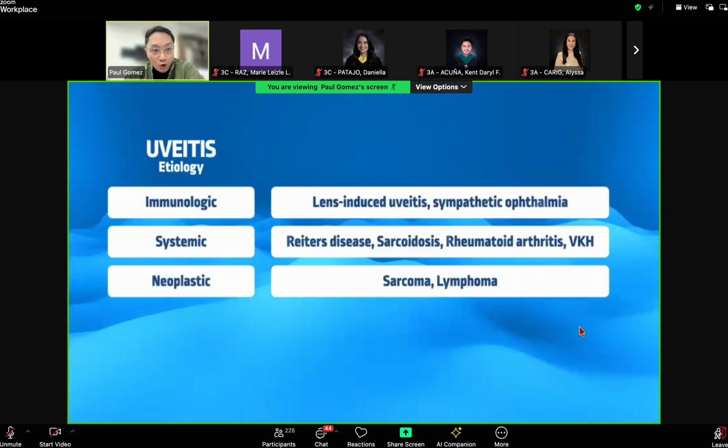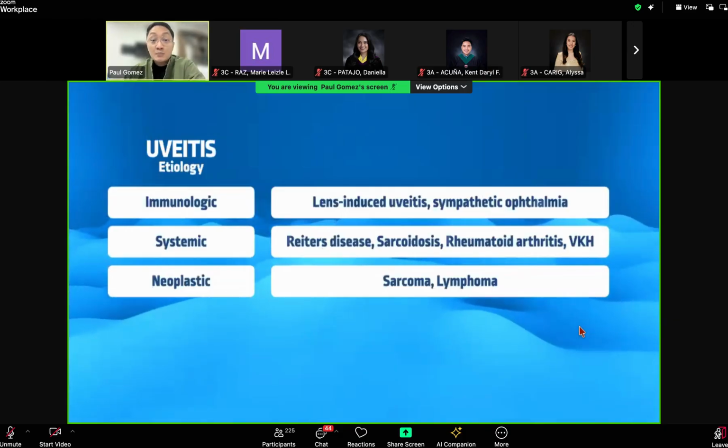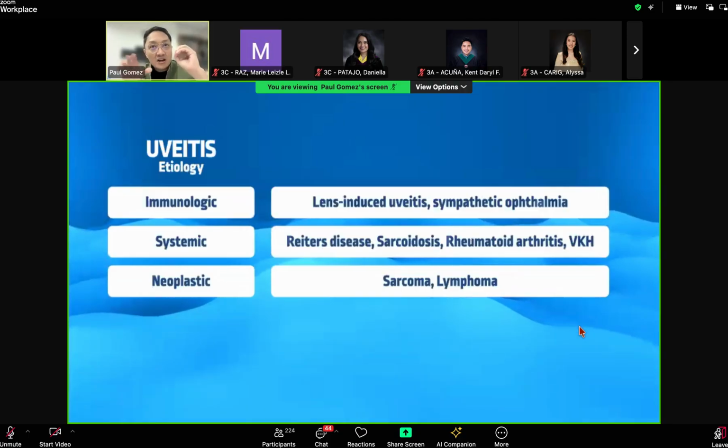An immunologic cause of uveitis may be considered if the patient has lens-induced uveitis or sympathetic ophthalmia, wherein one eye has been traumatized and the other eye technically sympathizes with the injured eye.